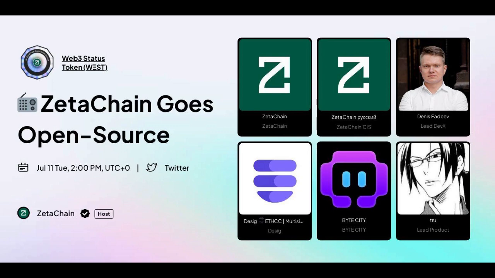So by using this on ZetaChain, that opens a very promising space for DAO owners to help their DAO go to the universe of multi-chains. Yeah, thanks.